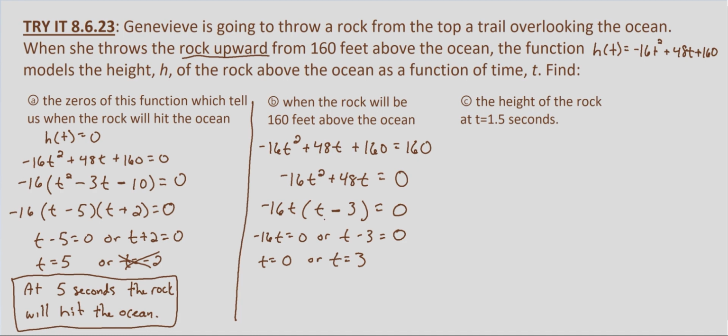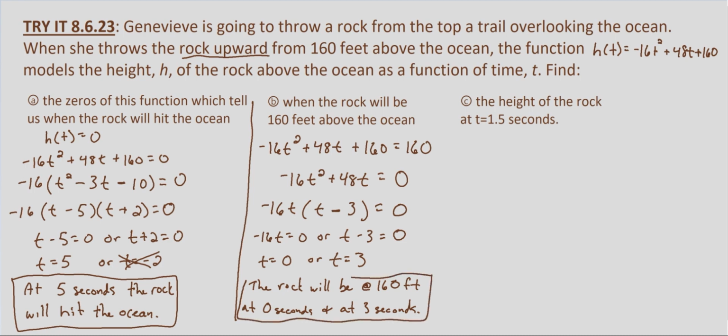So that kind of verifies our solutions in the sense that the rock will be at 160 feet above the ocean at 0 seconds, when t = 0, and at 3 seconds. So it leaves her hand at t = 0. She throws it up, and then 3 seconds later, it falls back down to where she started throwing the rock to begin with.